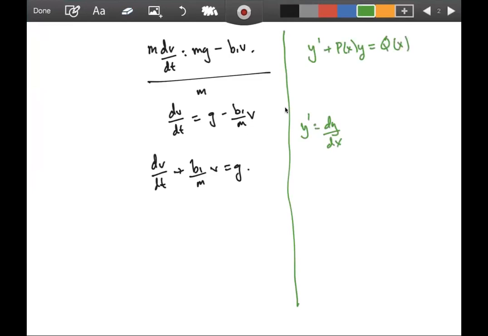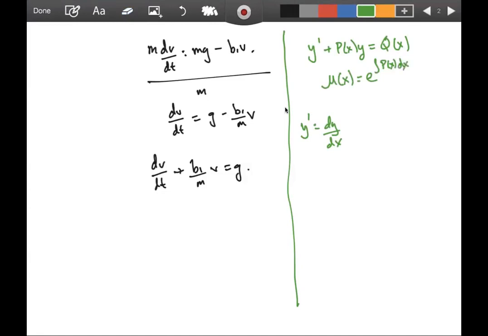Great. Now, what an integrating factor basically does is it says I can multiply both sides of this by a function, not a constant, called mu of x, where mu of x is going to be equal to e to the integral of p of x dx.